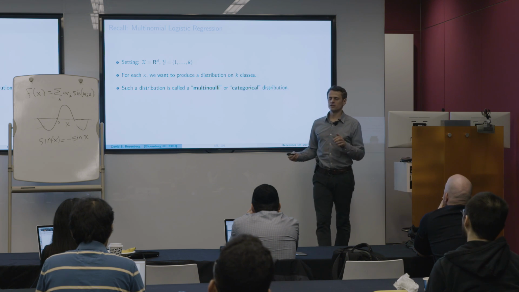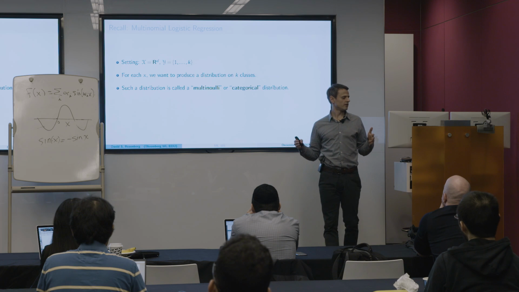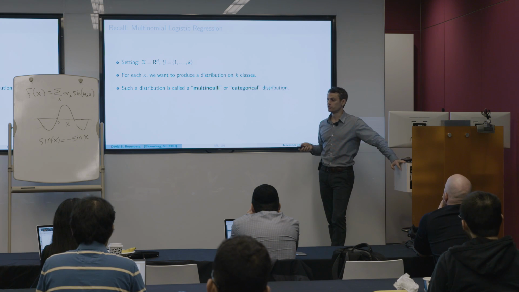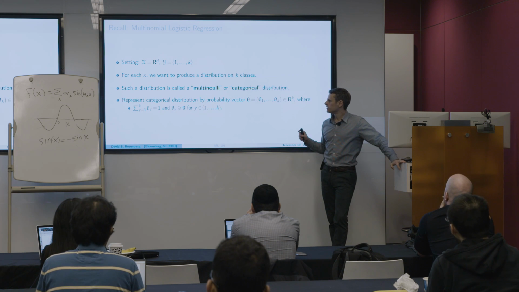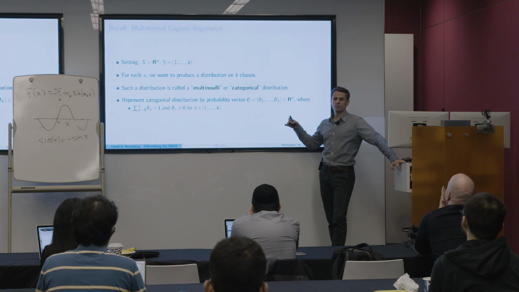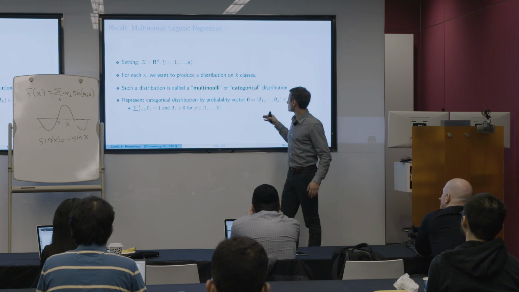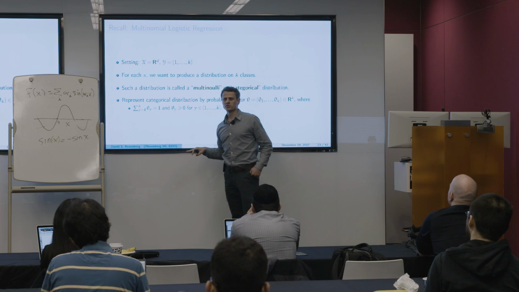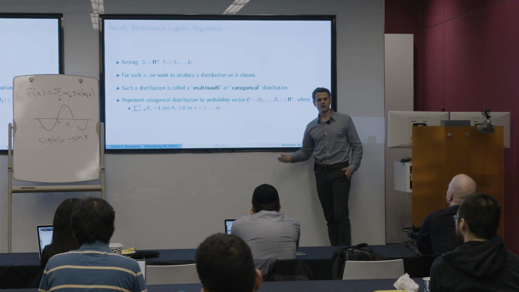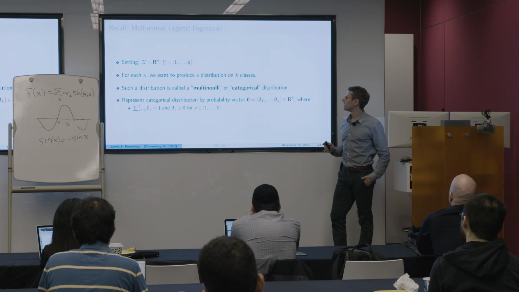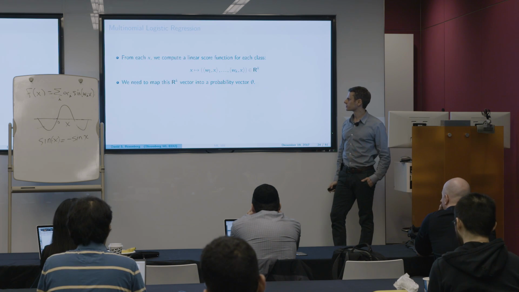A distribution on a discrete set of categories is called a categorical distribution, or sometimes multinoulli distribution. We can represent it by a probability vector of length K when you have K different classes. So if it's theta, the entries of theta sum to 1 and they're non-negative. That would be our probability distribution that we'd like to produce for any given x.